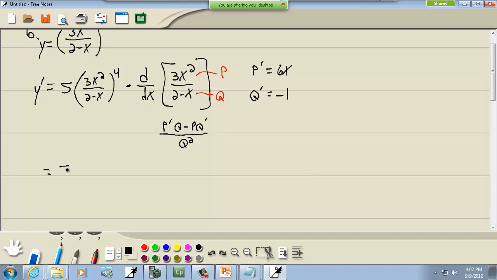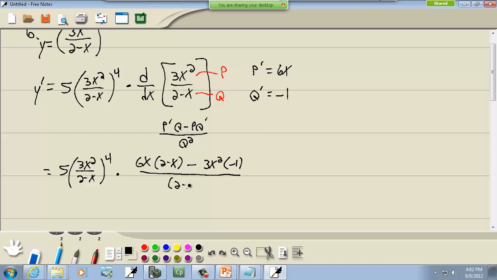So I got 5 times (3x squared over 2 minus x) to the 4th power times P prime, which was 6x, times Q, which is 2 minus x, minus P, which is 3x squared, times Q prime, which was negative 1, over Q squared.